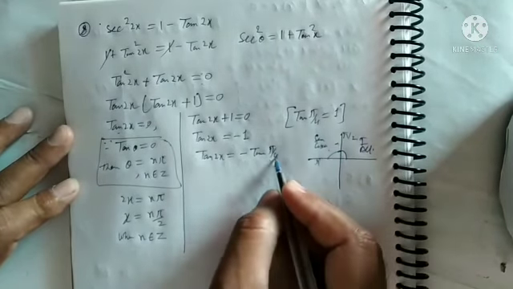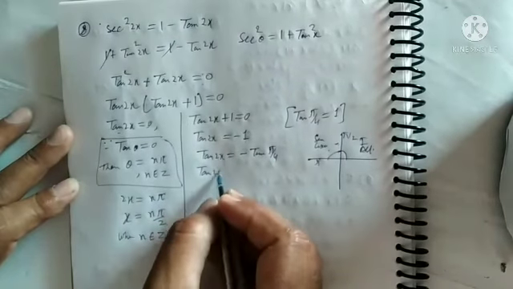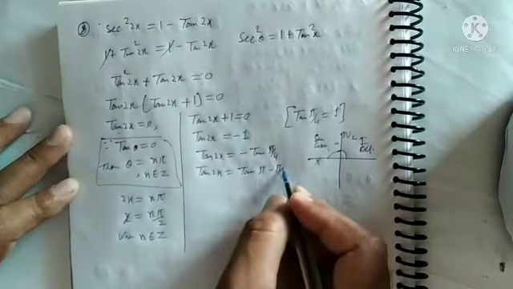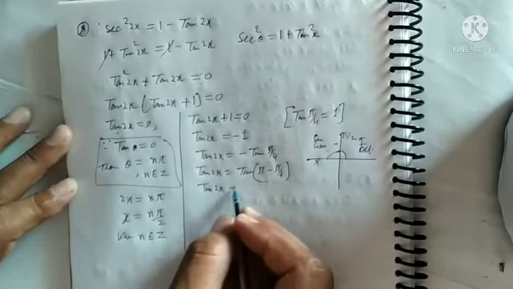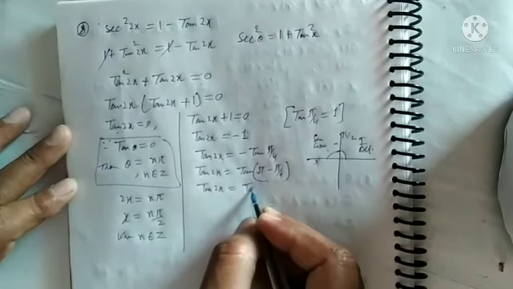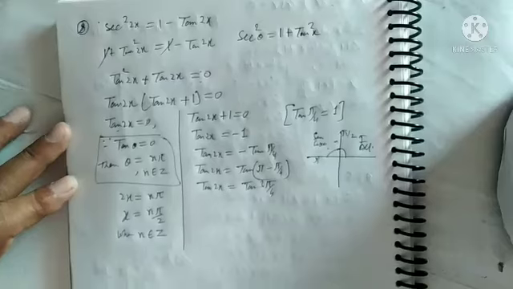So you have to subtract pi upon 4 from pi. Then you can write down here tan 2x is equal to tan of pi minus pi upon 4. So that is tan 2x is equal to tan 3 pi upon 4, since 4 minus 1 is 3. Now the negative sign is dismissed.